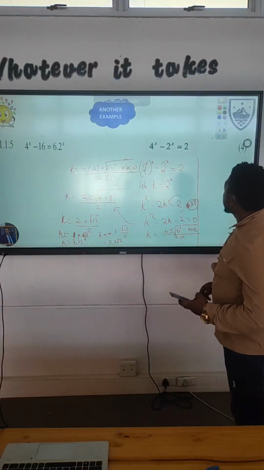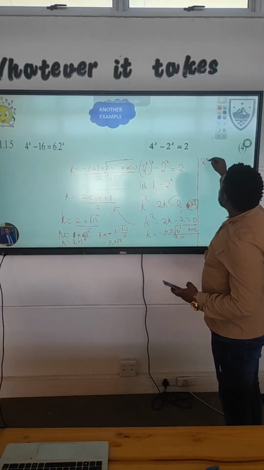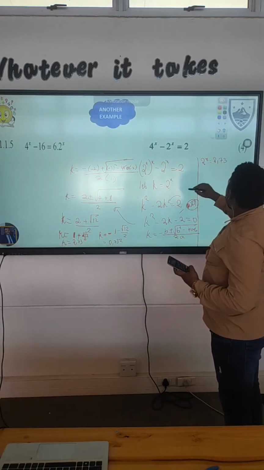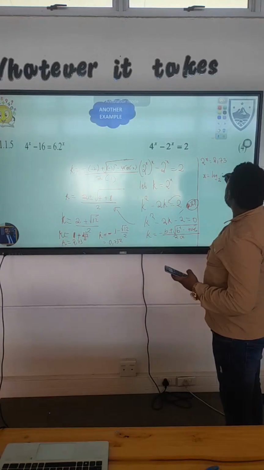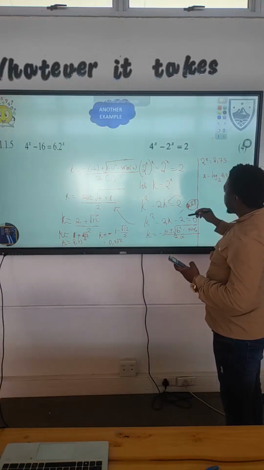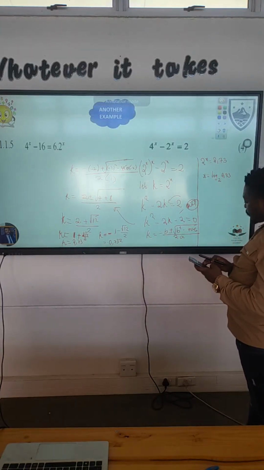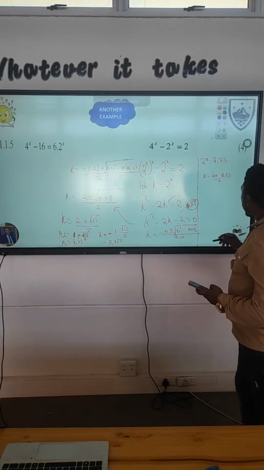So with my knowledge for now, I'm going to have 2 to the power of x equals 2.73, and then my x value will be almost 1.5.